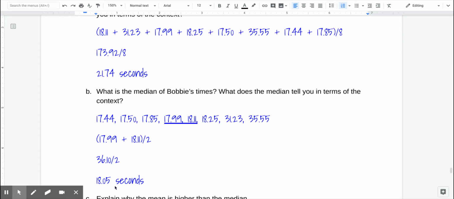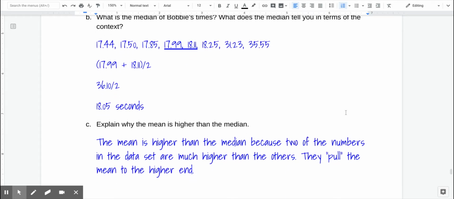Now, in this case, this tells me that that was the middle time of all of Bobby's times. So here, the higher numbers don't have quite as much of an effect because I'm more looking at these numbers here, as long as I have a bunch of numbers that are in the range of about 18 seconds. My higher ones don't make as much of a difference.